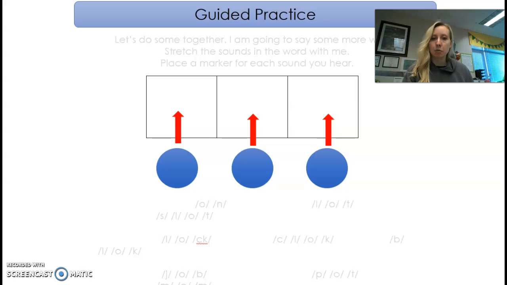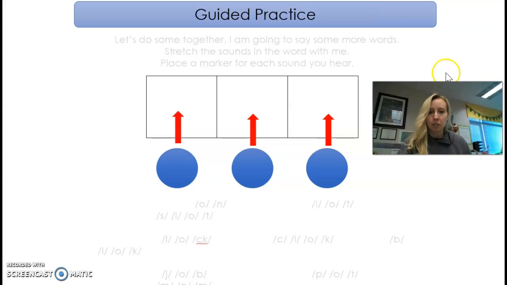I'm going to say more words, and stretch the sounds with me. Place a marker for each sound you hear. On, O, N, 2 sounds. Lot, L, O, T, 3 sounds. Slot, S, L, O, T, 4 sounds.